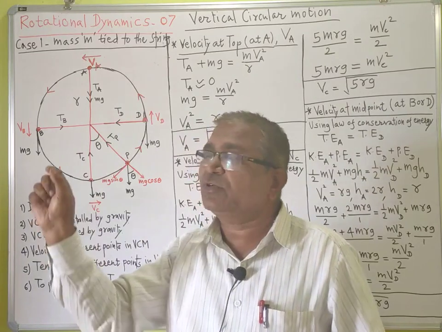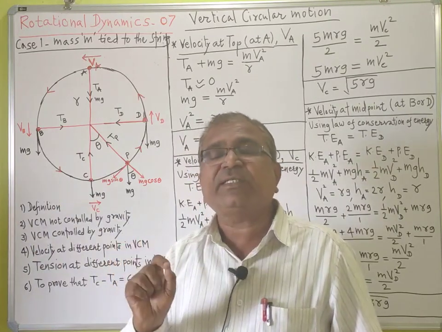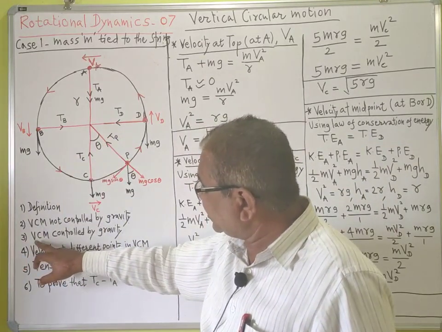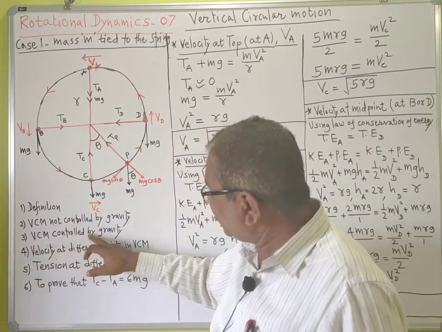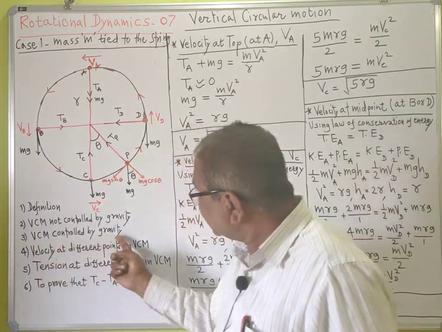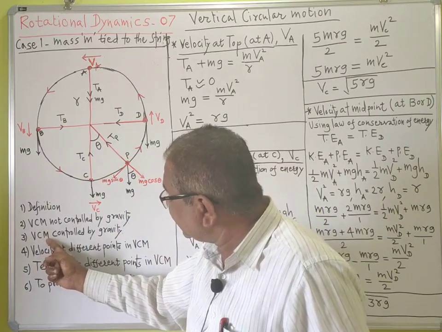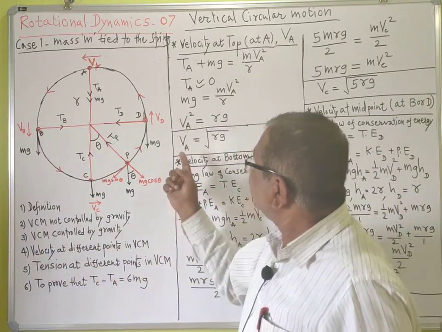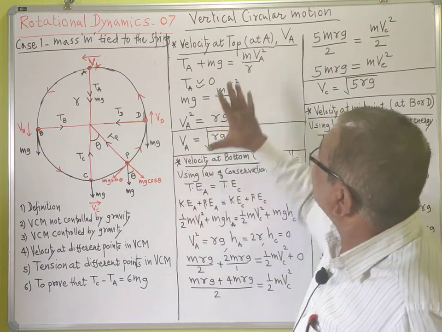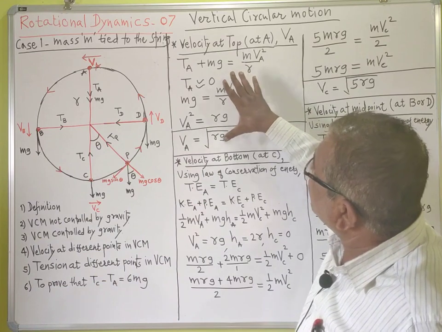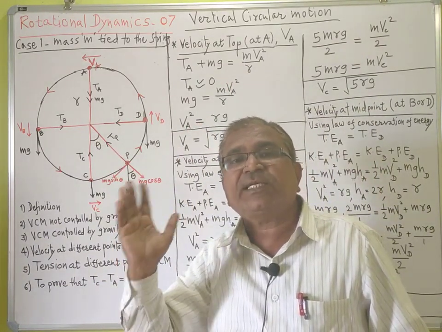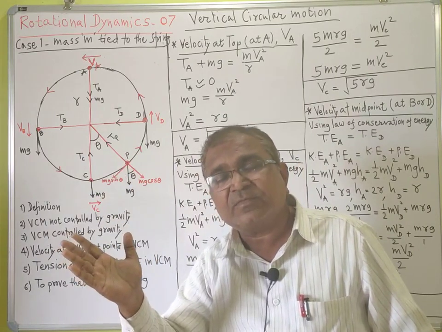During vertical circular motion, the velocity of a particle at the top under the condition of VCM controlled by the gravity, don't forget this sentence, is given by Va equal to square root of Rg. While deriving this formula, I have used the concept of centripetal force.